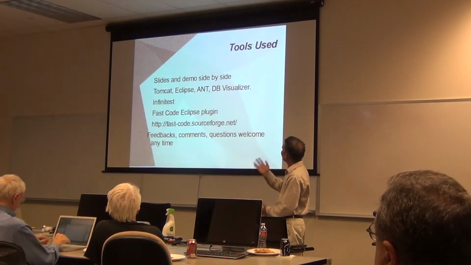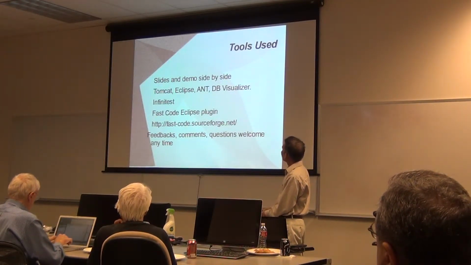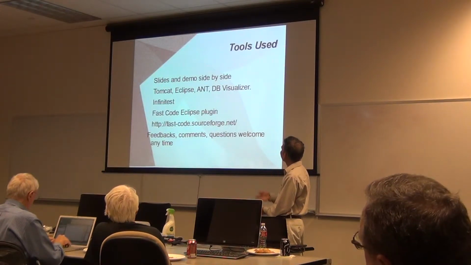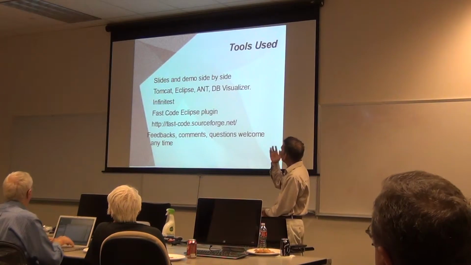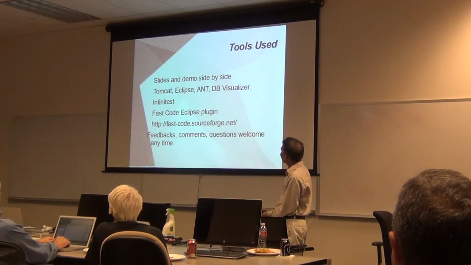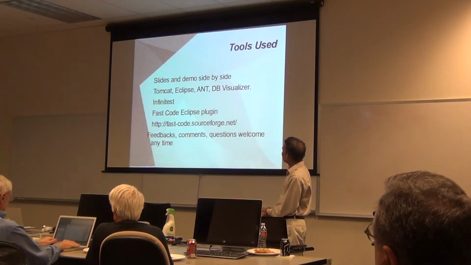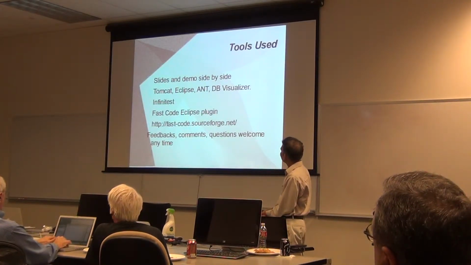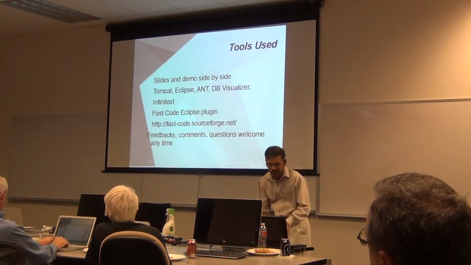These are the things that are running: Tomcat should be running, Eclipse to show code, and a DB visualizer for the database. Infinite Rest I actually did not use this time. There's also a little plugin that I wrote, the FastCode Eclipse plugin, and I'll show how it can help too.